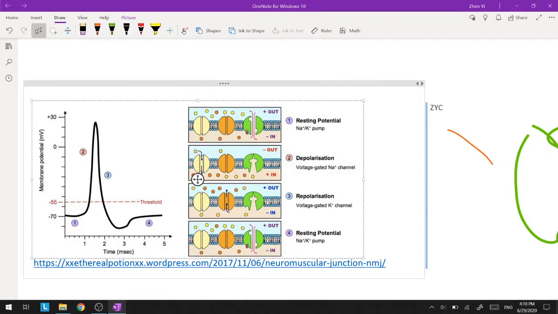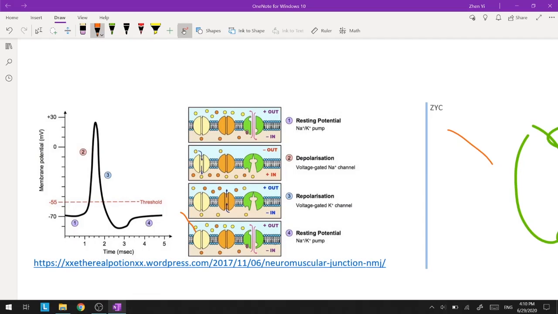Once the membrane potential reaches a threshold of minus 55 millivolts, known as the excitatory threshold, it enters a second phase of depolarization, where voltage-gated sodium ion channels allow even more sodium ions to enter, as depicted in the second image here, where this yellow protein channel is opened in response to a membrane potential that is over minus 55 millivolts.